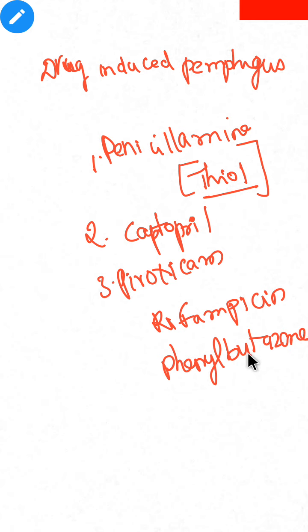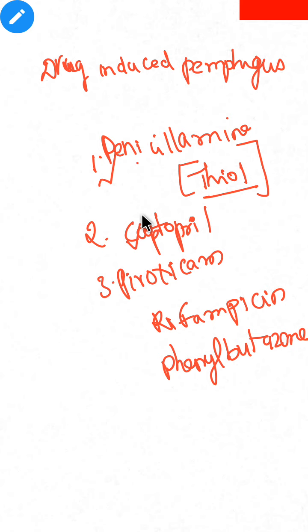Okay, these are important drugs. The most common drugs that result in pemphigus are mainly penicillamine and captopril. Other drugs also cause it, but we have to remember at least these two drugs, penicillamine and captopril.